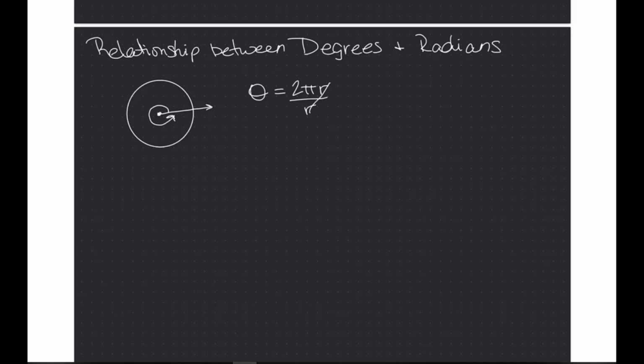So then our r's would cancel out. So if we go 360 degrees, we would have 2 pi radians, right? So let's see if we can figure out a couple more of these.